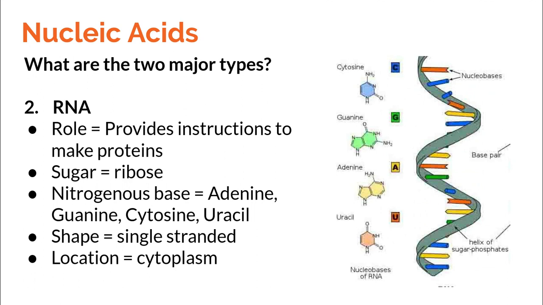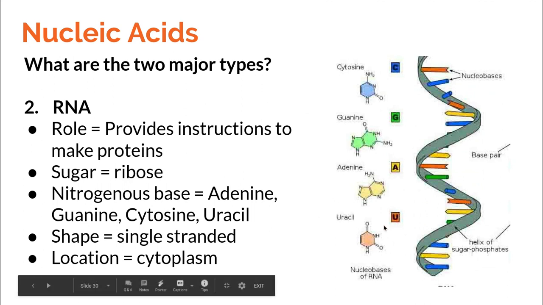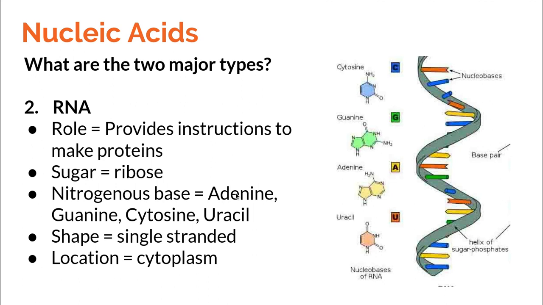Essentially, RNA provides the recipe for making these proteins. And RNA also has these nitrogenous bases, although there's only one that's different. Instead of ATCG, we have AUCG. So there's adenine, guanine, cytosine, and uracil. So that's the only one that's different in terms of the nitrogenous bases for RNA.